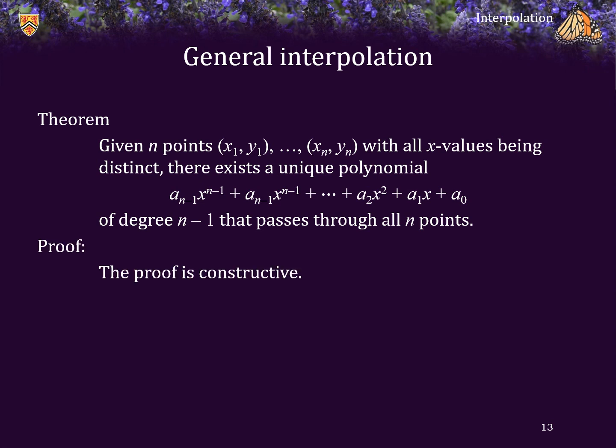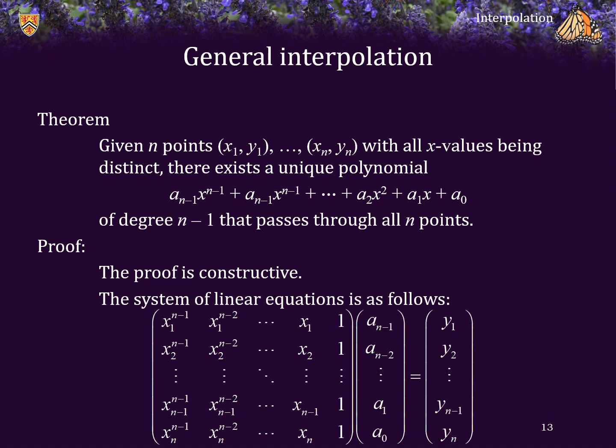Proof. Well, this is actually a constructive proof. The system of linear equations for that polynomial of degree n minus 1 passing through those n points is the system of linear equations shown here.